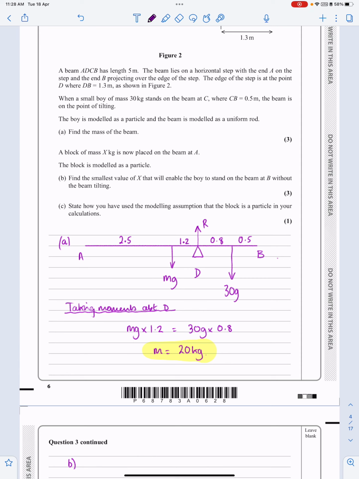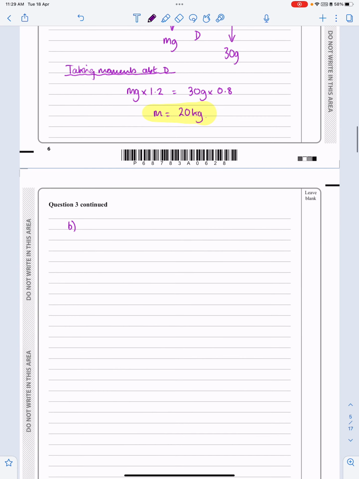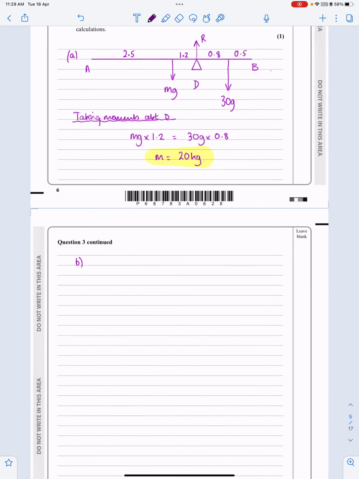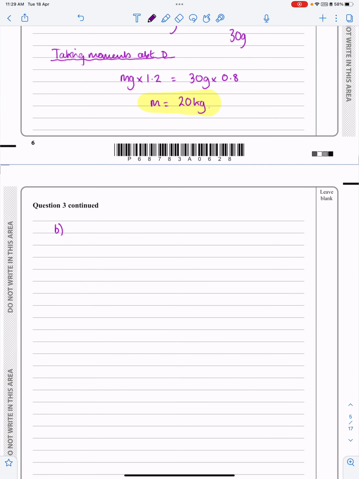Okay, so when we look at that one there, that's just going to be a new diagram. Sorry, I'm just reading the rest of that part again. So I draw my diagram out again. Okay, I've got AB here. I've still got my pivot acting at point D there. So I'm still going to have a reaction force acting there.